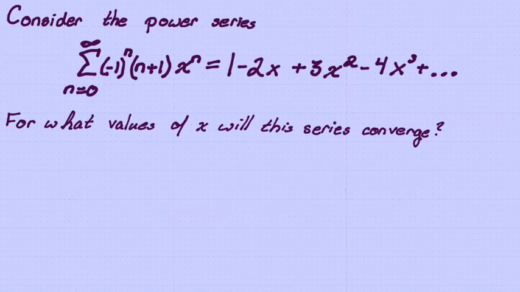Which is the same as saying, what is the domain of the function defined by this power series? We're using the series to define the function. We aren't starting with a defined function and constructing this series. Do you see the difference in how the material is working? So now we start with a sum, we come up with the function, rather than starting with the function and coming up with the sum.